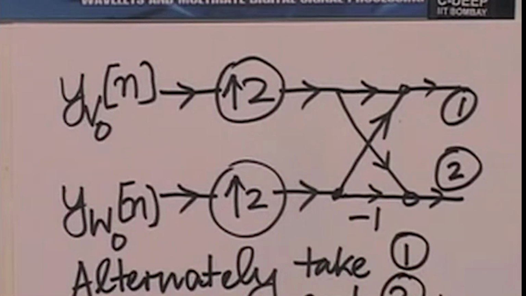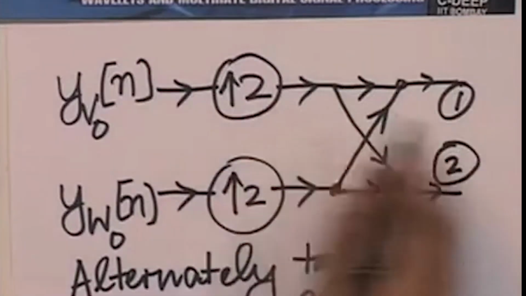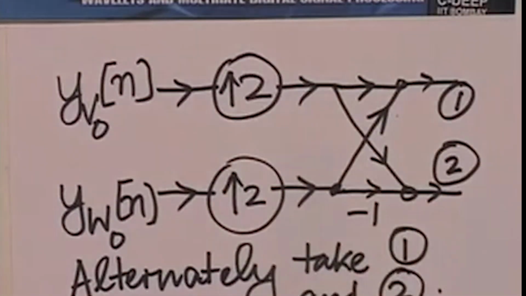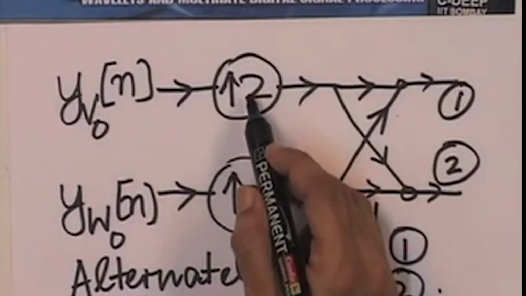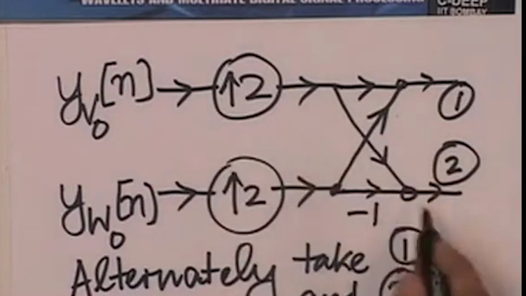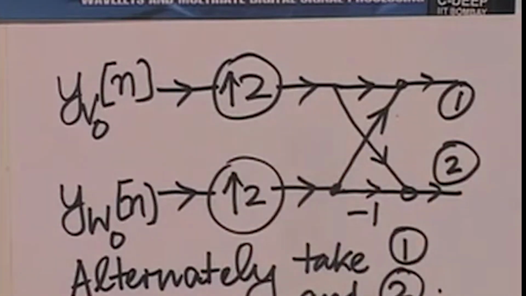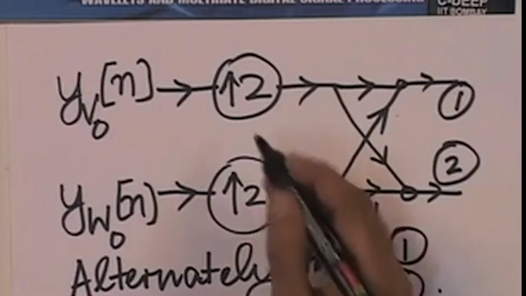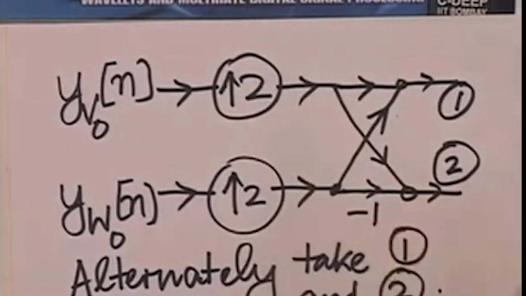Now, how do we express this using the upsampling operator that we have? Well, that is easy. Actually, if we notice, this upsampling operator can commute with this. So, it does not matter if you first upsample and then add and subtract, or if you first add and subtract and then upsample. In fact, we would find it convenient to add and subtract and then upsample.